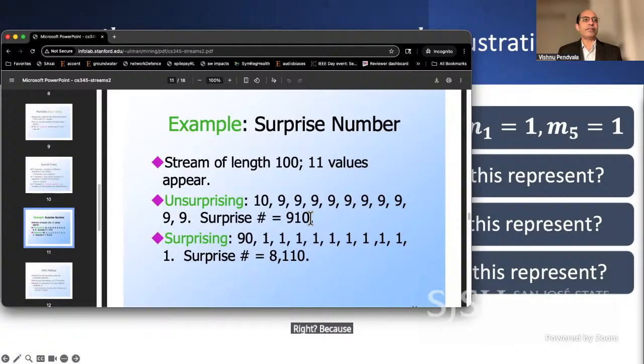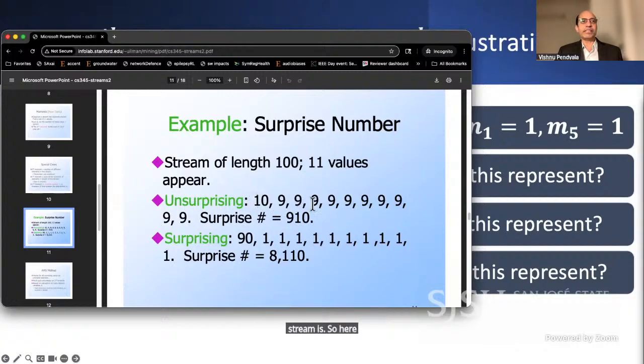Because you count the squares. Whereas if the stream is 90 followed by 10 ones, then the surprise number is 8110. So it tells you how uniform the stream is.